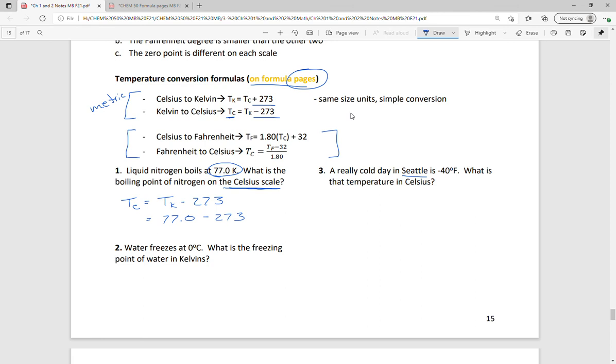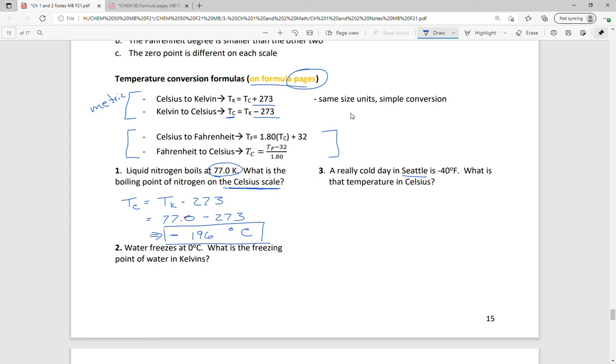I get down to negative 196 degrees Celsius. Now, I rounded that to the nearest whole number. This one you would be subtracting, and so you'd follow the rules of the least decimal places or the place values and round it as such.